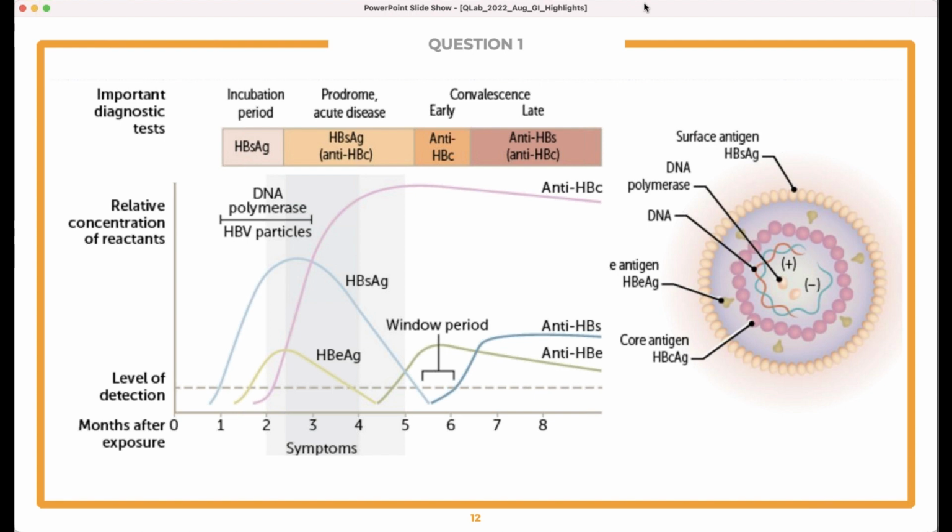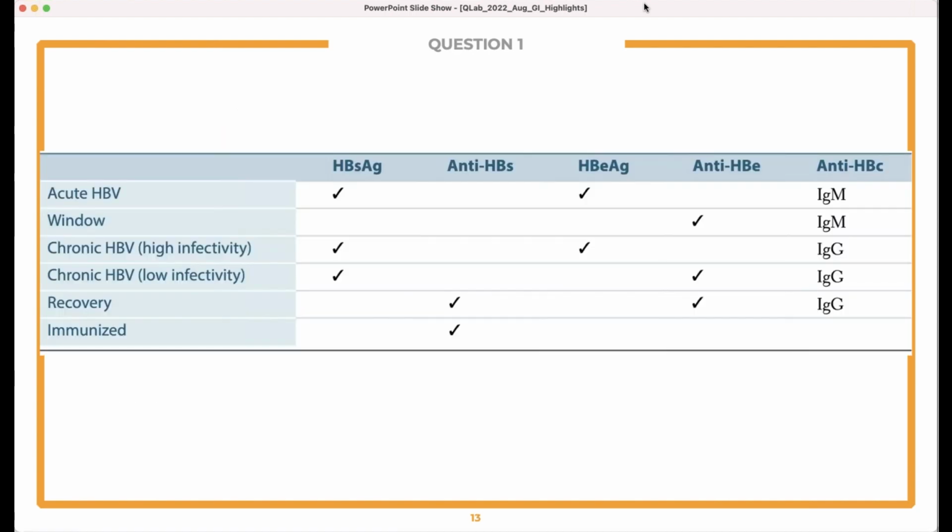If we go one slide further, there's also a really nice table in First Aid that puts this in a table format. You can see that in the window period, the only two things that are positive are your antibodies against the core and antibodies against the E antigen.